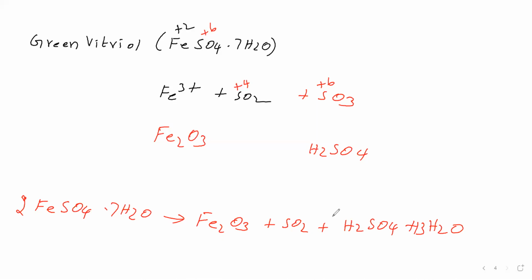How to prepare ferrous ammonium sulfate solution? That we will see. FAS is called ferrous ammonium sulfate. We'll take ferrous sulfate solution and ammonium sulfate solution in the required concentration ratio.